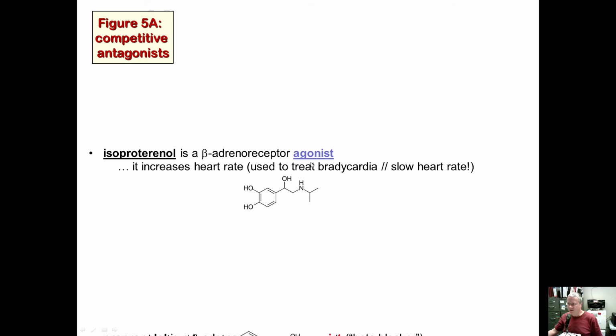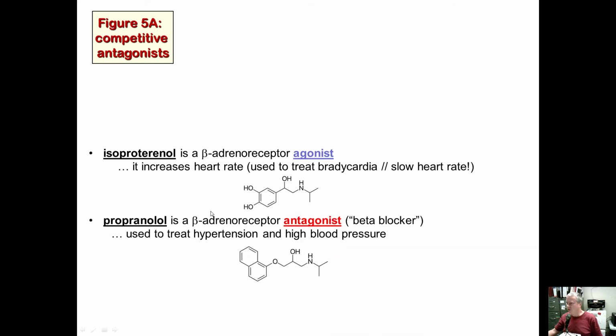It's an agonist. And propranolol is a beta adrenoreceptor antagonist. It's a beta blocker. Okay? It's used to treat hypertension and high blood pressure. So if you have hypertension or anxiety and things like that, you may be prescribed propranolol. These both bind to the same receptor.